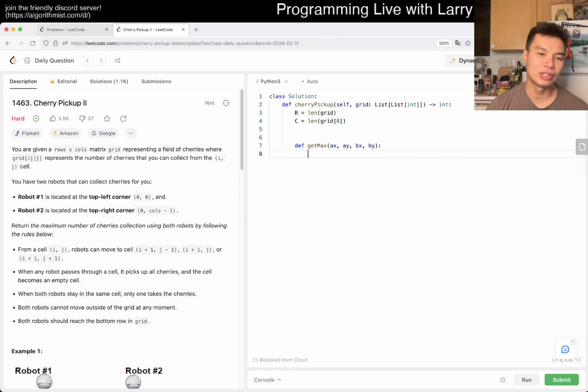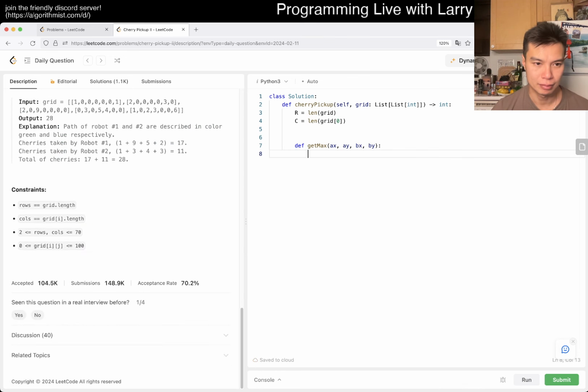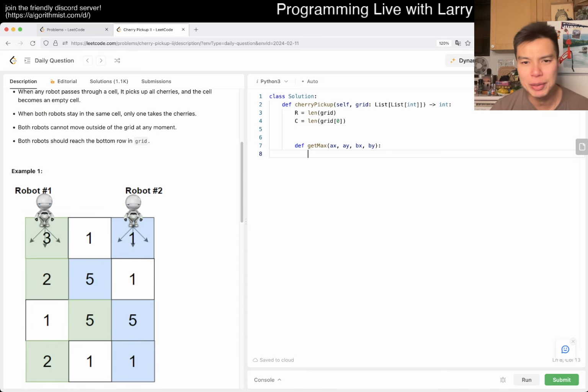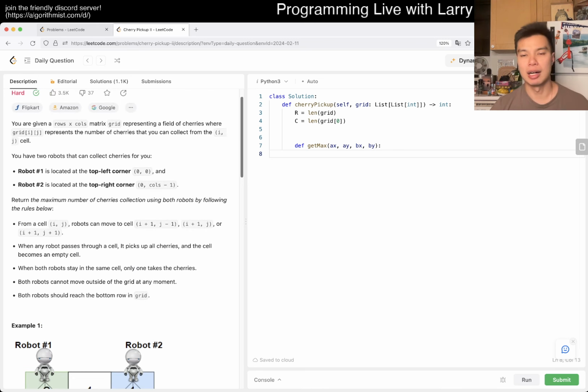The naive way to think about it is that you move robot A and then robot B, maybe at the same time. So what is the problem here?